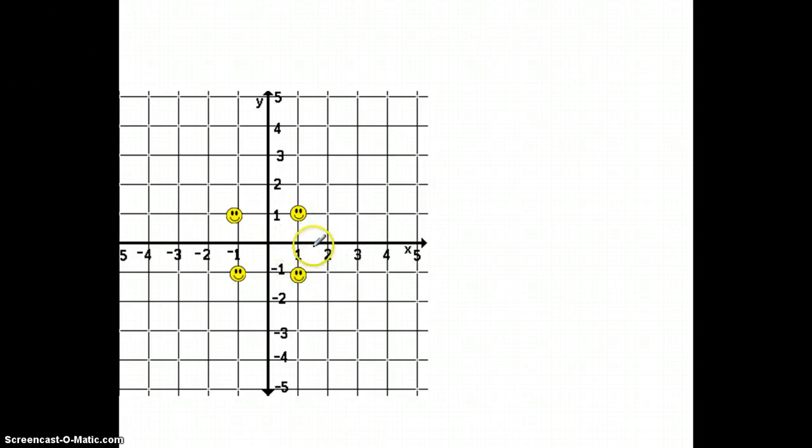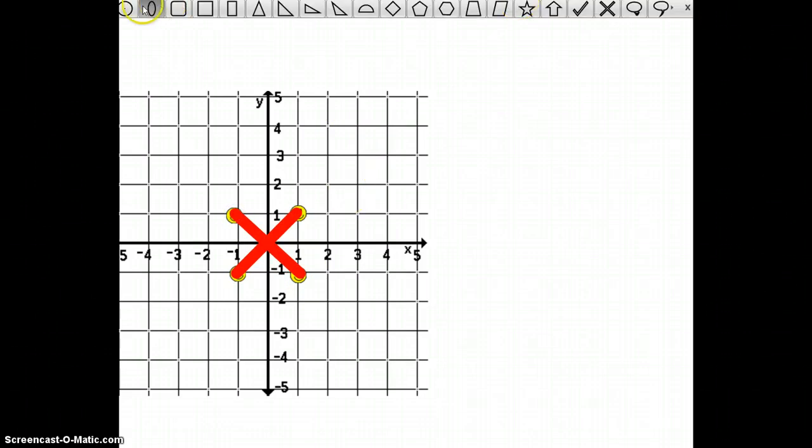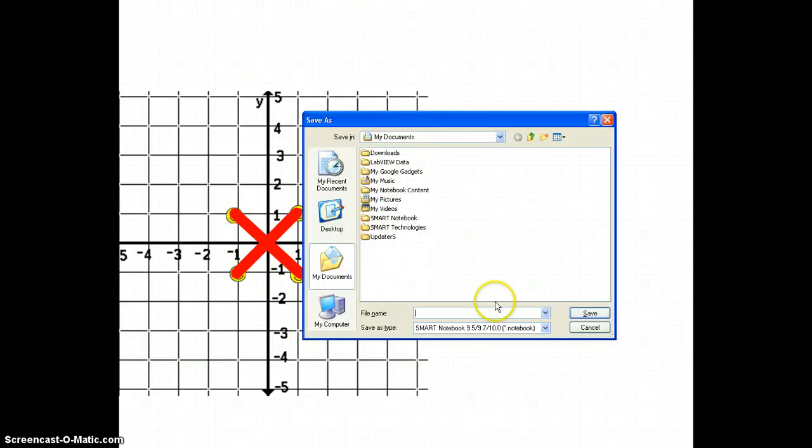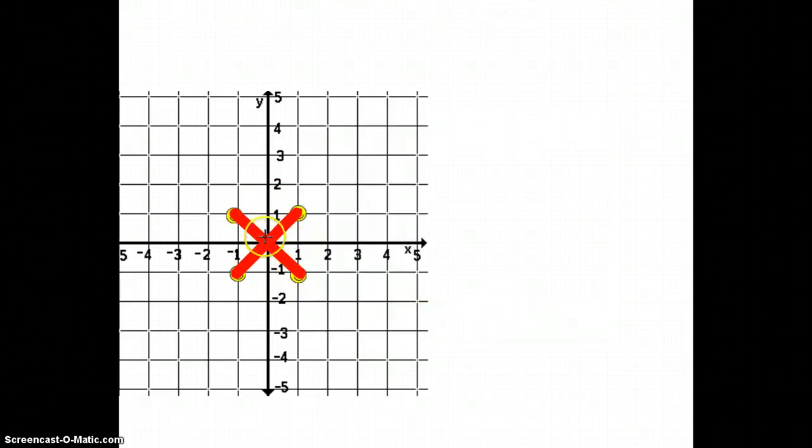Now, you can tell right now that these two lines will definitely cross at the origin, so we can use that as a basis to see if what we're doing is really correct as we go. Okay, it's at the origin. That's where it should cross.